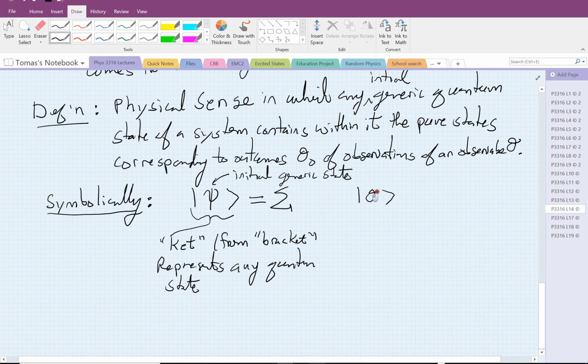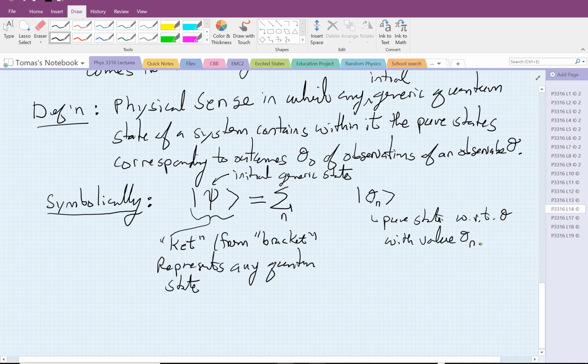These are the pure states of my observable with a particular value. So what this represents then are pure states of O, or pure states with respect to O, with different values. And this one that I've drawn for you is the one that has value O naught, and then I'm going to call it O sub n because there can be different pure states that I'm summing together to get my final state.